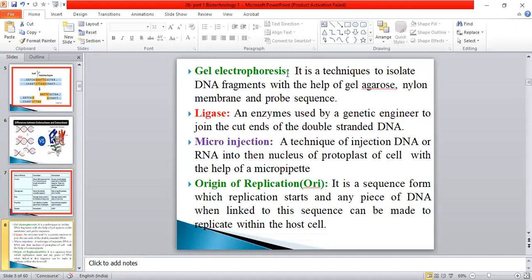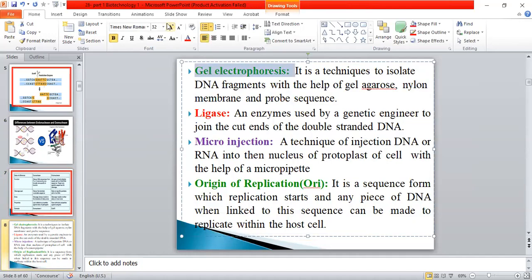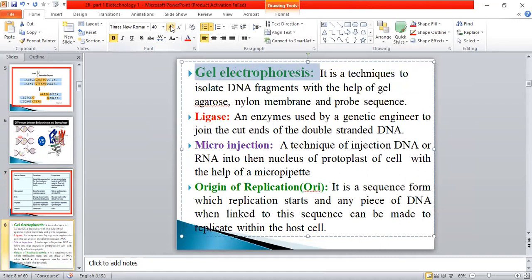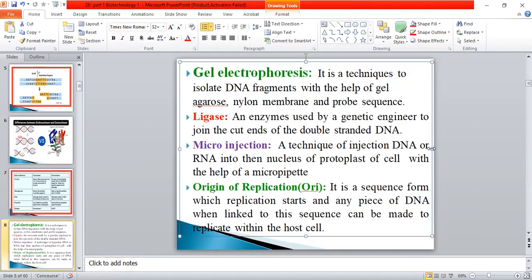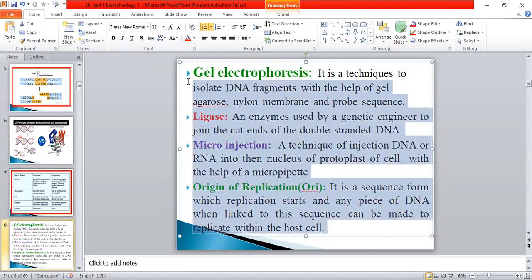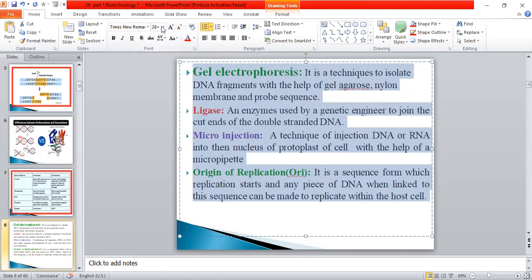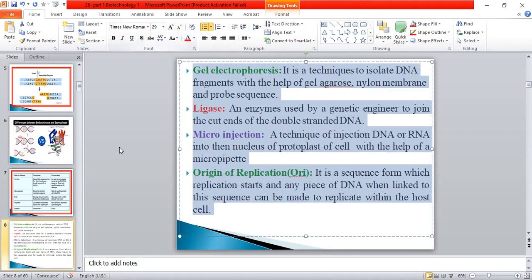Next one is gel electrophoresis. Last class we studied this one. What is the meaning of gel electrophoresis, my dear? Gel electrophoresis is one of the techniques used for the separation of molecules.